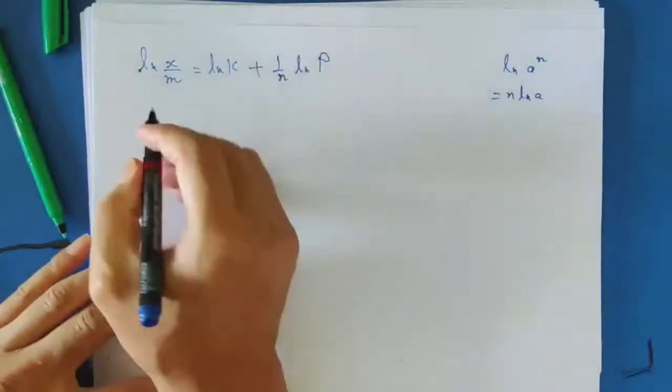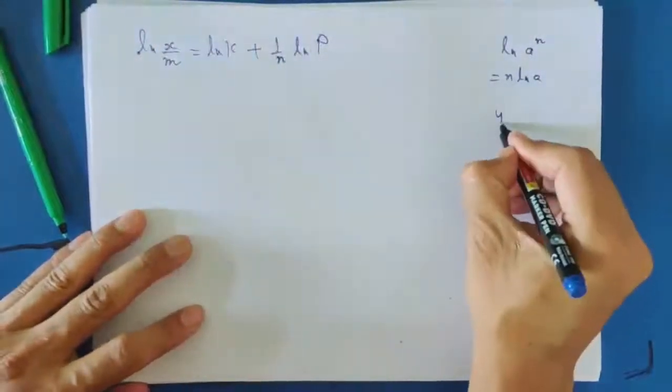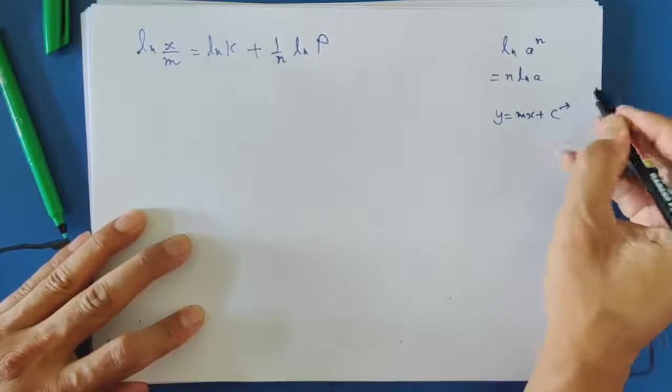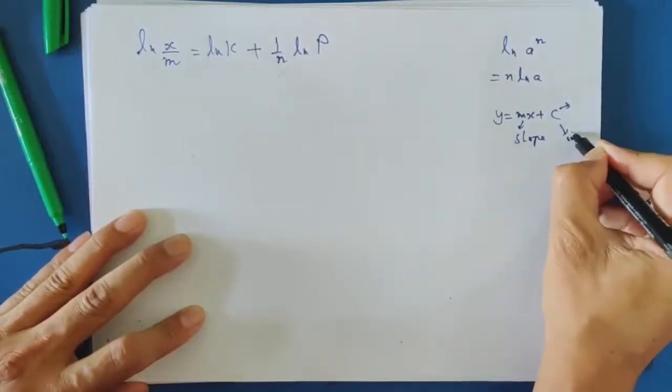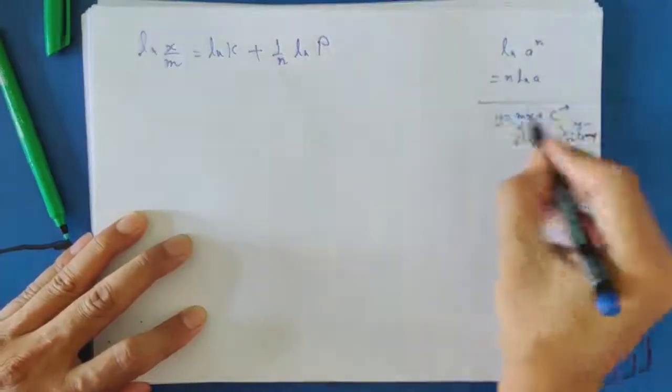Now the straight line intercept form. You remember the equation of a straight line in intercept form is y equals mx plus c. C is the intercept, m is the slope, and this is the y-intercept.